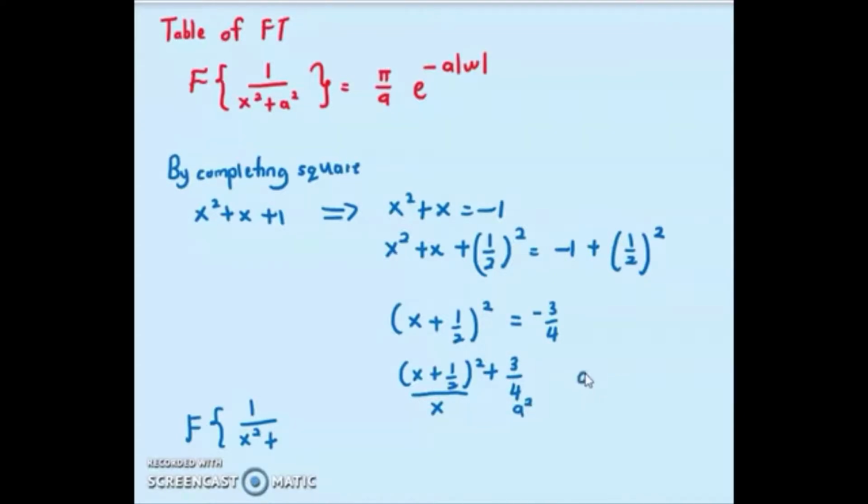Okay, so if a squared is 3 over 4, my a is plus or minus square root 3 over 2. Okay, so I'm going to write this as square root 3 over 2.